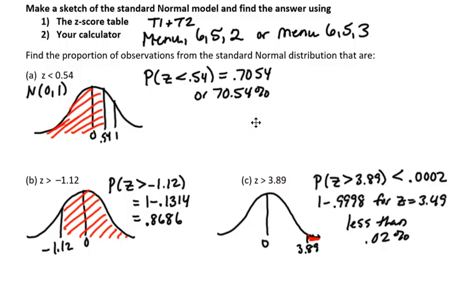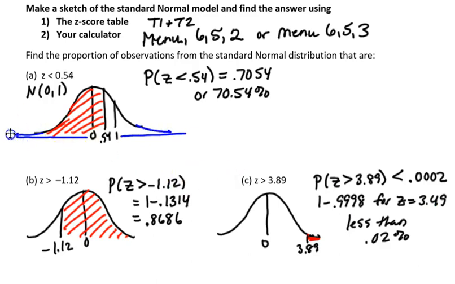What is the left bound of this area? Well, the right bound of this shaded area is 0.54. The left bound, this value continues on. If you look at this as a function, this is your x-axis here. And this continues, and it's an asymptote, so it never actually reaches an end.